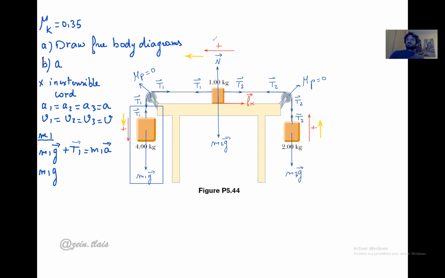M1g minus T1 equals M1A. Okay, this is the first equation.